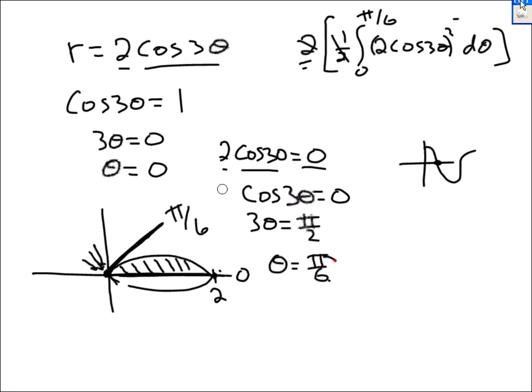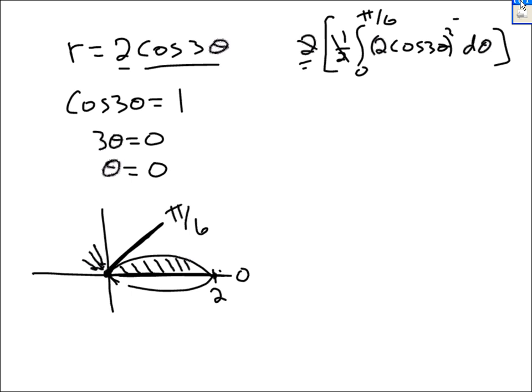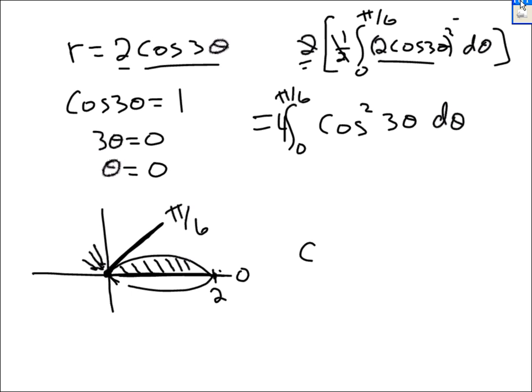Okay, let's do the integration. First I have to square. So it's the integral from 0 to pi over 6, and I square this. 2 squared is 4, I'll put that in front. Cosine 3 theta squared is cosine squared 3 theta times d theta. Now we have a theorem that says cosine squared of u is 1 plus cosine of twice u, over 2.